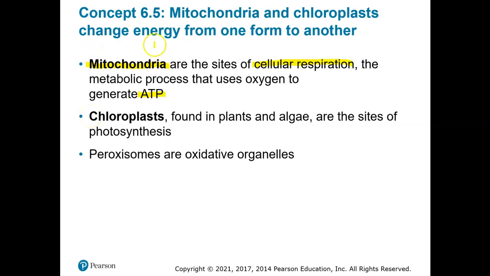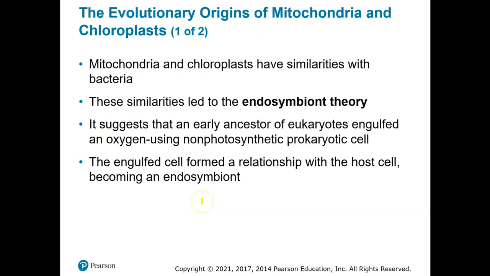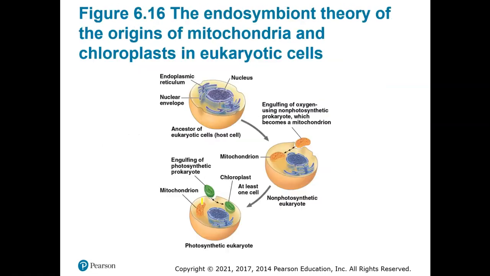Mitochondria are found in all eukaryotic cells, even plants, but chloroplasts are only found in plant cells and algae, and they carry out photosynthesis. They use sunlight energy to convert carbon dioxide into food for the plant. And then there are peroxisomes, which we've already talked about, that function in breaking down fatty acids.